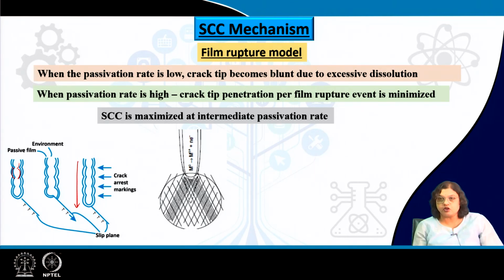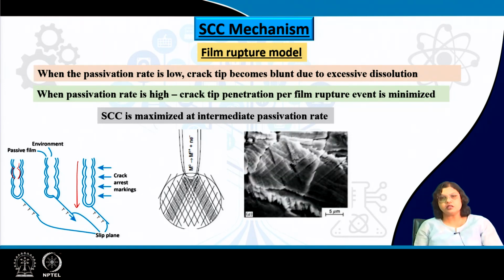If the passive film is not forming at all, then of course the corrosive media will be very aggressive for the corrosion reaction to occur, and the crack tip will get sharper and sharper because it acts as the anode. That leads to a higher and higher stress concentration factor there, and it will grow at a very fast rate. This is the fracture surface, and we can get both transgranular or intergranular kinds of cracking in stress corrosion cracking overall.